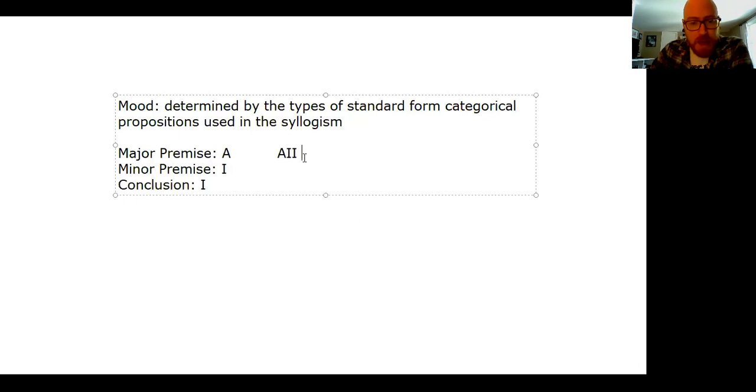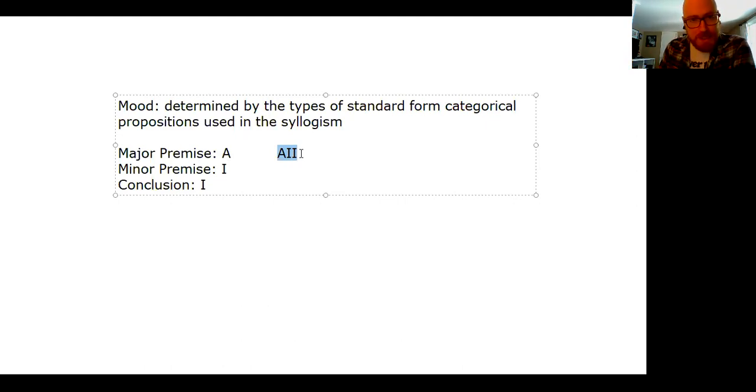Now, again, this shorthand notation needs to be understood in this order. The first letter of the mood is always going to be the major premise. The second letter of the mood is always going to be the minor premise. And then the last letter of the mood is always going to be the conclusion. So this shorthand notation corresponds to a standard form syllogism.